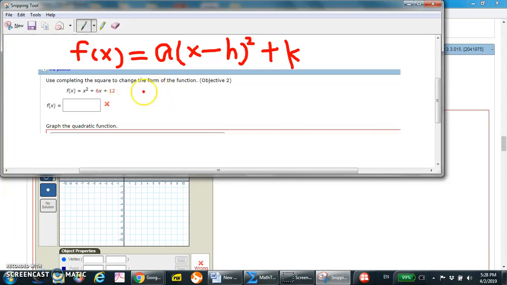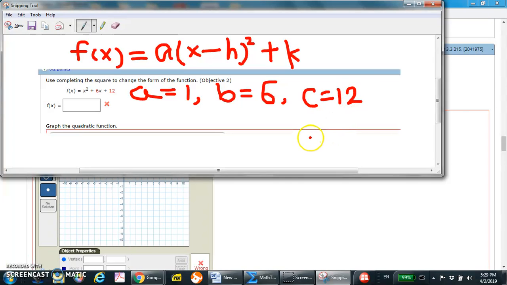So in this example, from the equation x squared plus 6x plus 12, we can see that a is equal to 1 and b is equal to 6 and c is equal to 12, right?